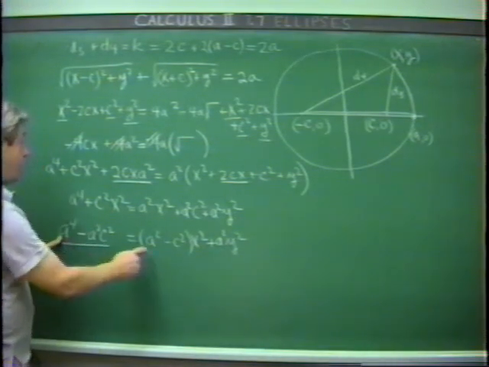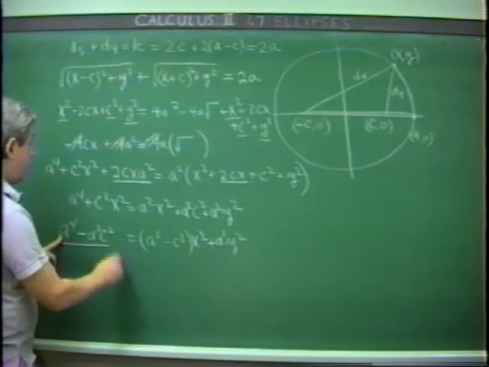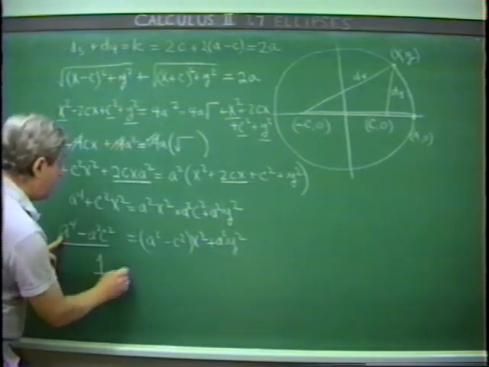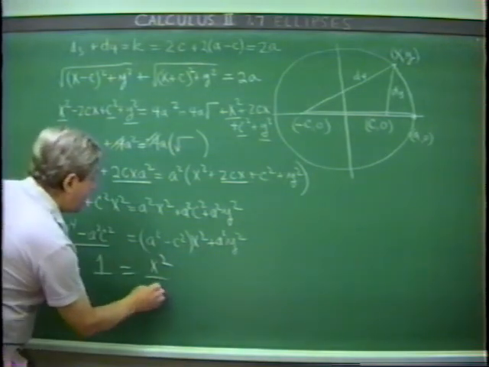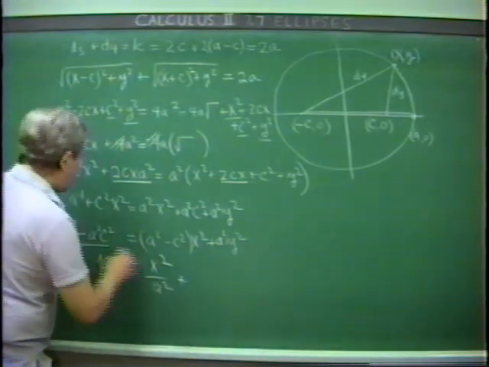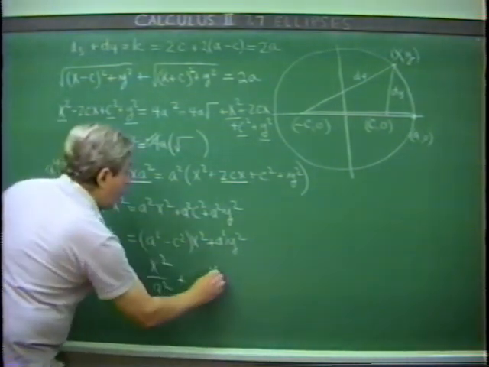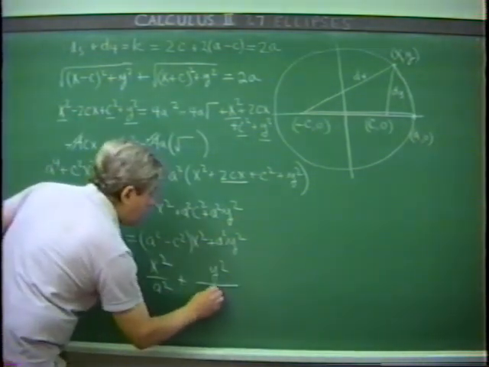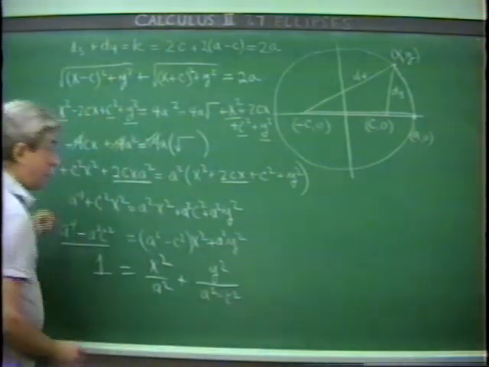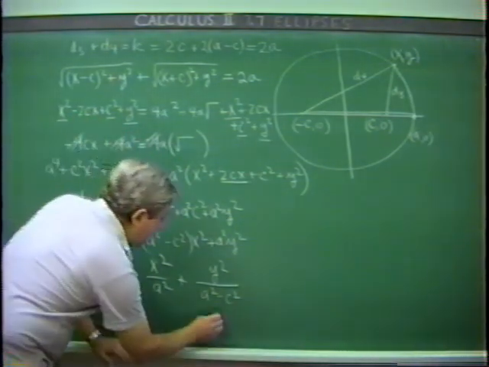Okay. Now we're ready to go here. I want to divide both sides by this quantity, which is a squared minus c squared times a squared. So I'm going to get 1 on this side, and that's going to be equal to x squared over a squared plus, when I divide a squared times y squared by this, I'm going to be left with y squared over a squared minus c squared.